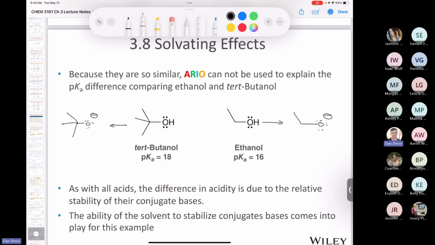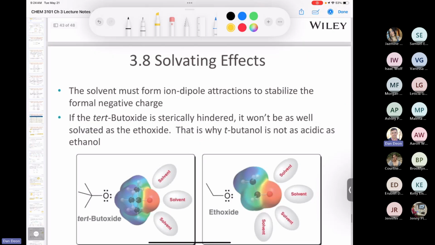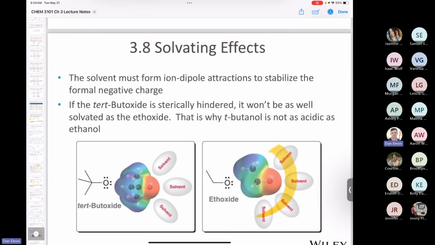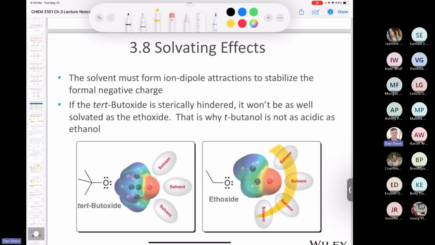Well, there's way too much steric hindrance here, so you can only get a little bit of solvent around this negative charge, but there's very little steric hindrance here, so you can get a lot more solvent around this oxygen. That's called a solvation effect. It better stabilizes the negative charge, and you can see it shown here in the slide. Because we can put way more solvent molecules around the ethoxide, this negative charge is better stabilized, and therefore it's a stronger acid. And that's all there is to it.